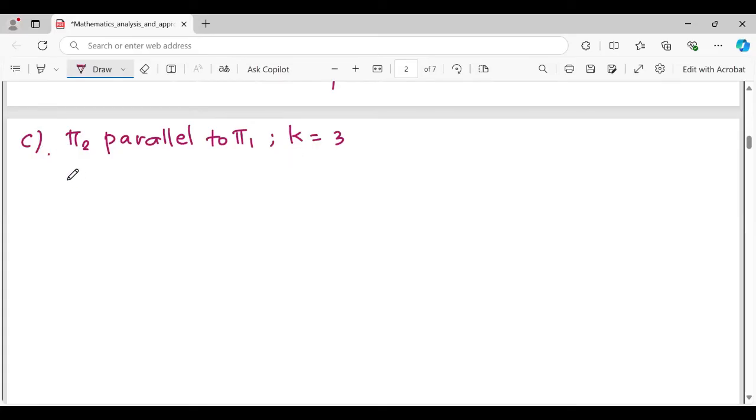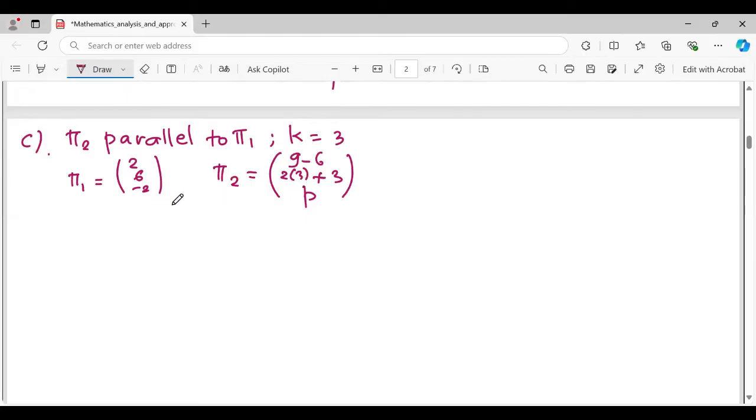So pi 1 is (2, 6, minus 2), while pi 2 is (9 minus 6, 2 times 3 plus 3, and then p). This is the coefficient of plane pi 1, and this is the coefficient of plane pi 2.